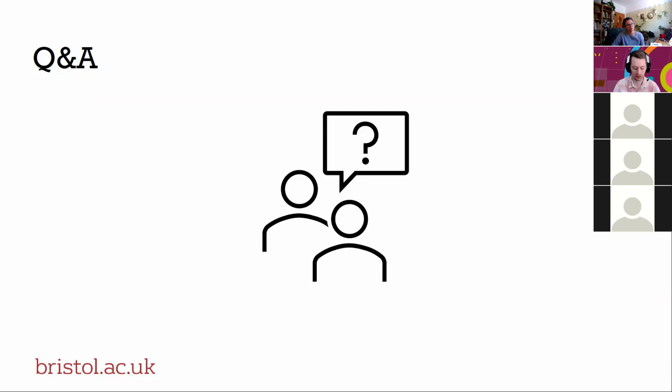So I'll just start with a quick one that came in from a student at the dental school who said, and I think you probably answered this in one of the previous slides that you showed right at the end, do you know how I can access an encrypted voice recorder for my qual research? Yes, so the Research Data Service does actually have one that we can loan out. And I think we have just reopened the loan service now that the university buildings are starting to slowly reopen a bit.